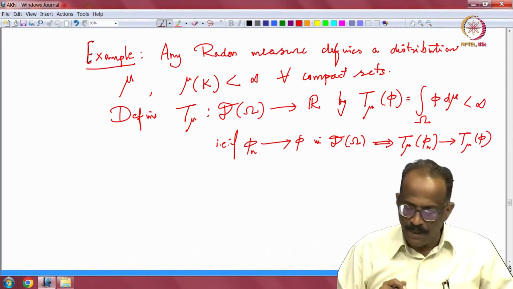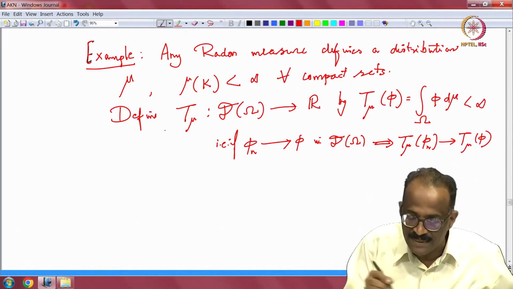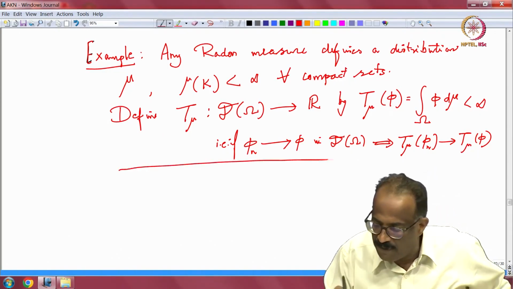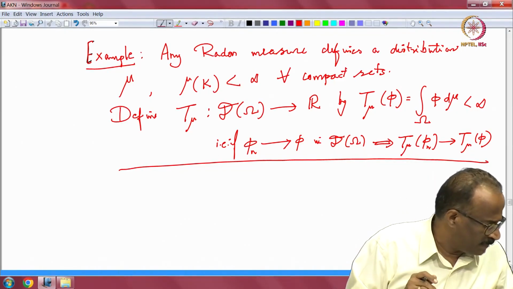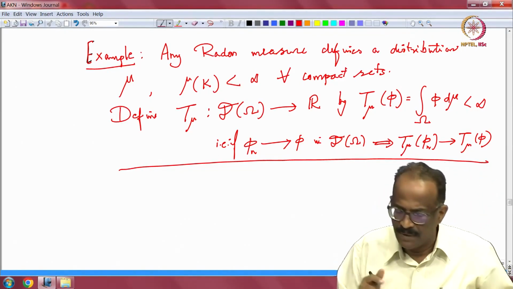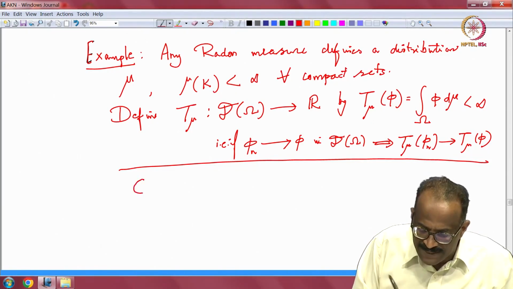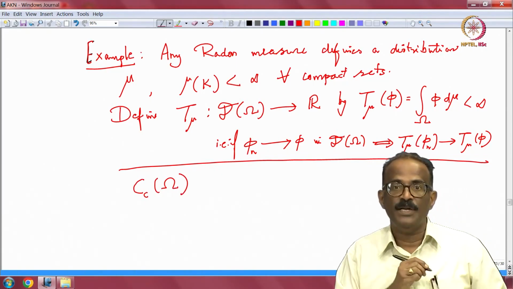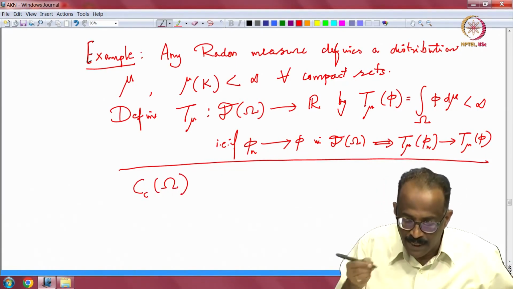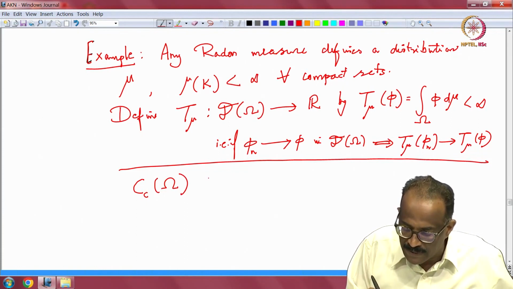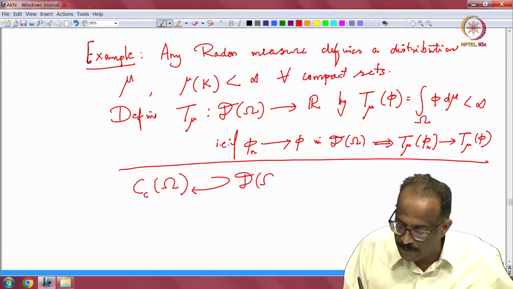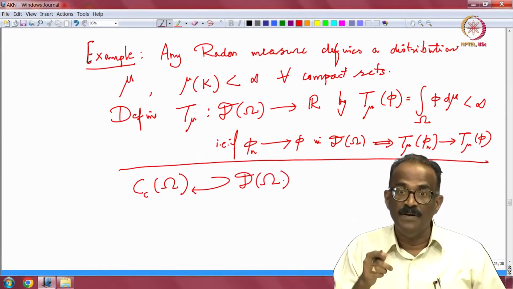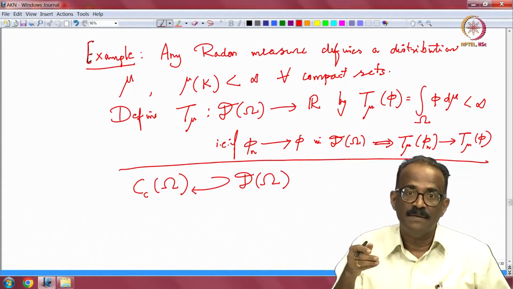Here I want to make one remark. This is a class of examples, and I just want to say something more about it. Recall the space C_c(Omega) that we introduced in the basics: the set of all continuous functions with compact support. D(Omega) is continuously embedded here, because D(Omega) is C_c infinity of Omega with the inductive limit topology.